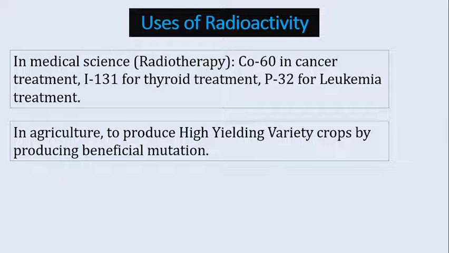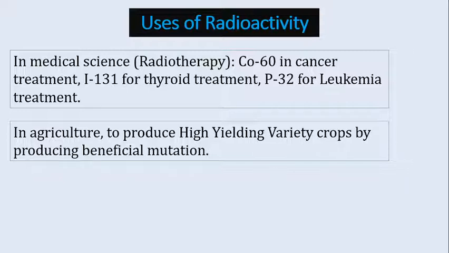So scientists check for any kind of beneficial mutation taken place over this large sample of plants, and they sort out these plants which have good beneficial mutations, and they further cultivate them, and after a testing trial, after several years or after several decades, they release a new variety of plant or crop.